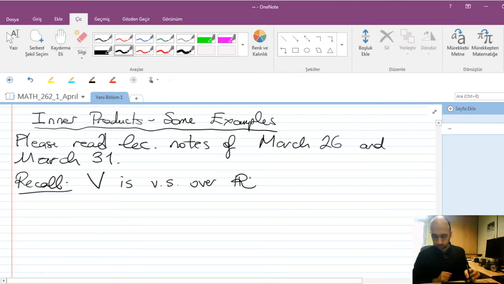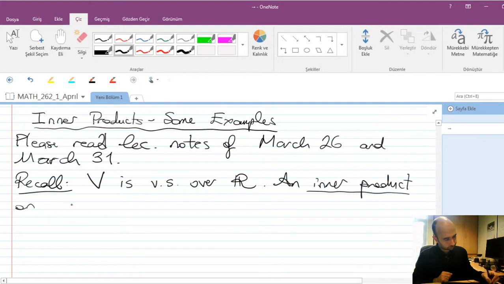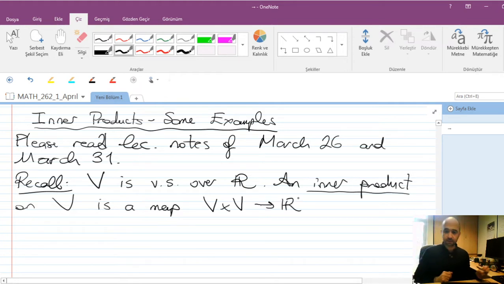So an inner product is a map from V cross V to R satisfying certain properties.